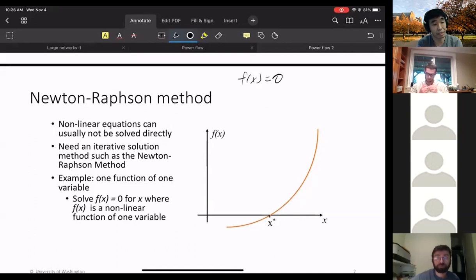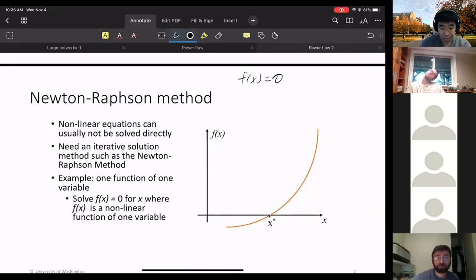Now, can you solve f(x) equals 0? Find the x such that f(x) equals 0. For example, if this curve is f(x), then the point we want is x star. x star solves f(x).